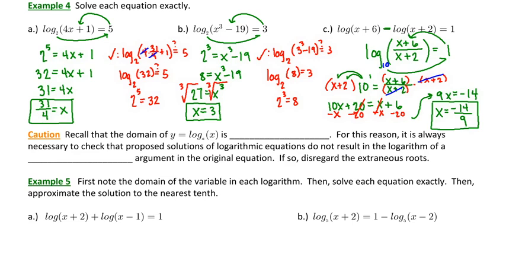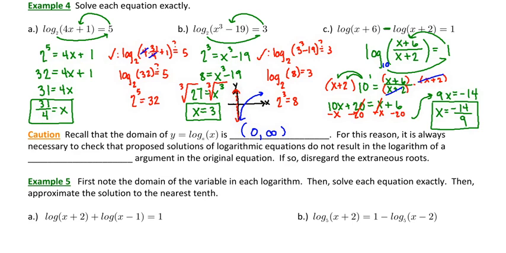Now on all three of those equations, when we solved them, the answer did balance the original equation. But that doesn't always happen with logarithmic equations. So be aware of this. Recall that the domain of y equals log base a of x is 0 to infinity. So remember, the graph of a basic logarithm looks something like this. And remember, on the y-axis, there was a vertical asymptote, right?